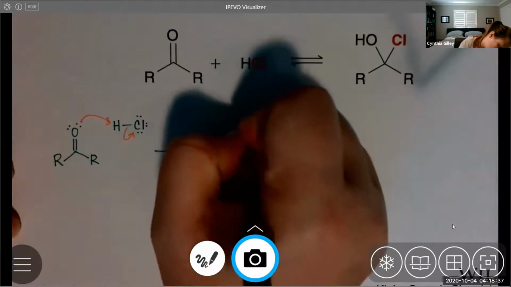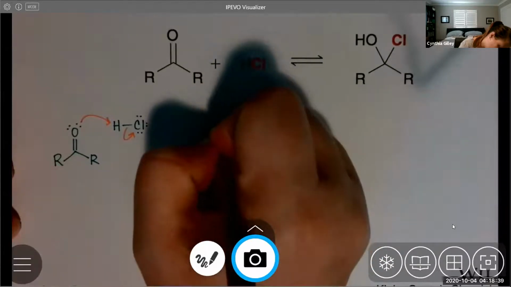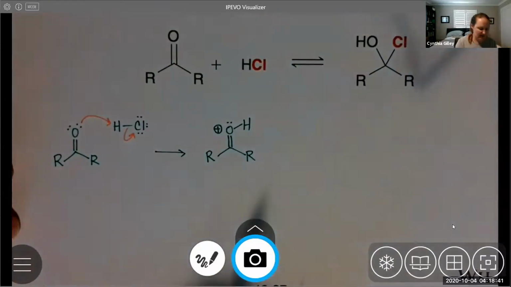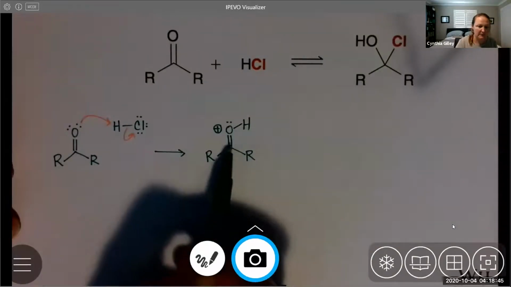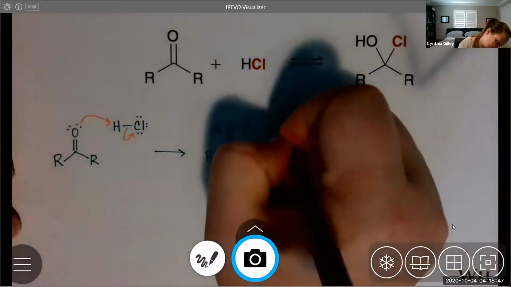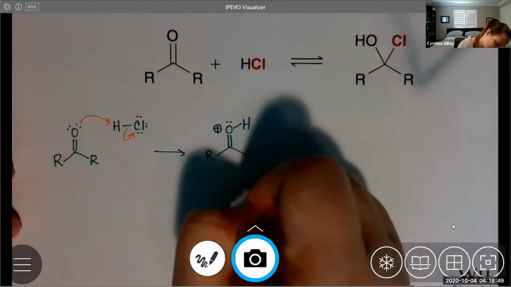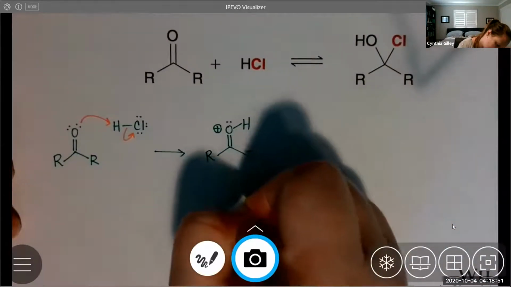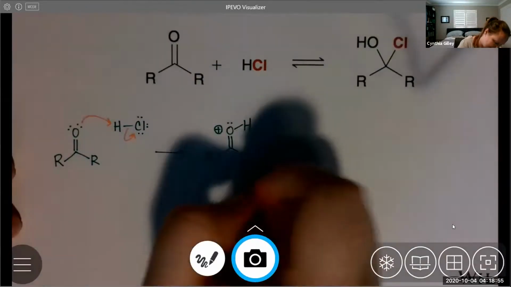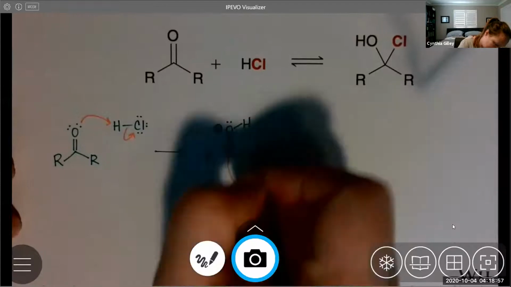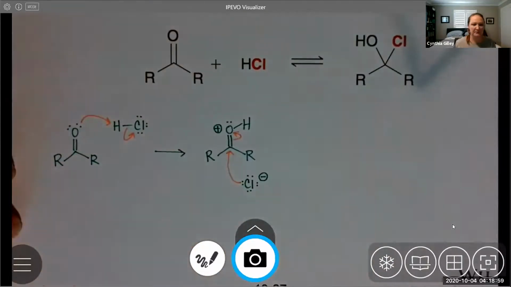Remember, we call this the activation of the ketone, generating the more powerful electrophile at this carbon. Chloride can then do a nucleophilic attack on this very powerfully electrophilic carbon.